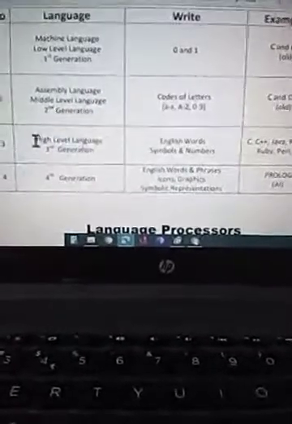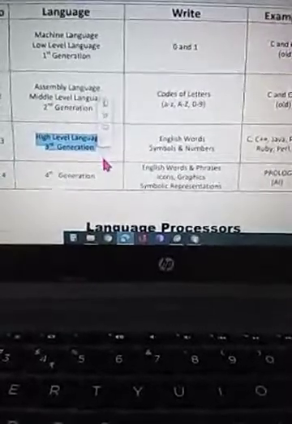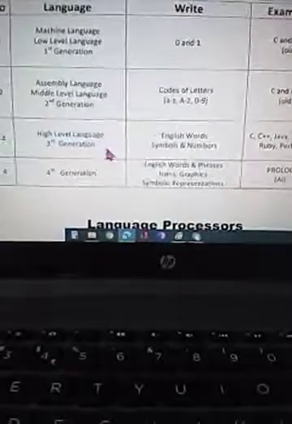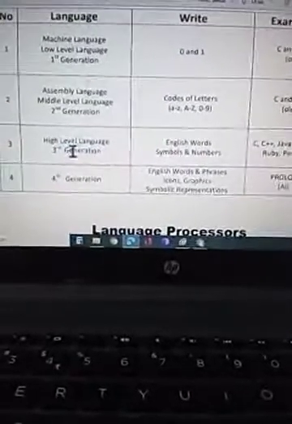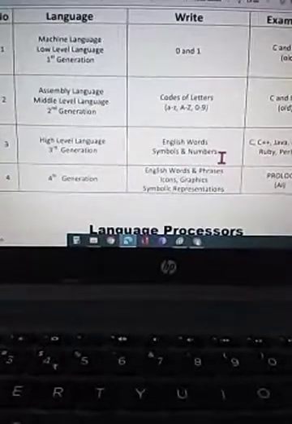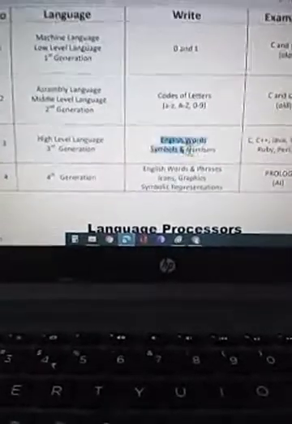Third one is high level language, also called third generation of language. Then what do we use to write the program in high level language? English words and symbols, and even numbers also.